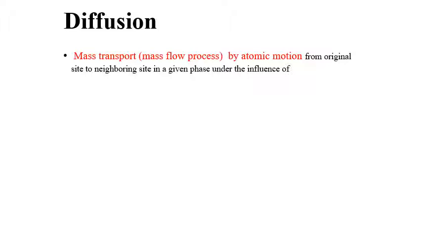If there is a vacancy, then only it can move. If not, it can replace that neighboring atom. That is what we call substitutional. When the atom has enough energy to replace the neighboring atom, then that type of diffusion can occur.